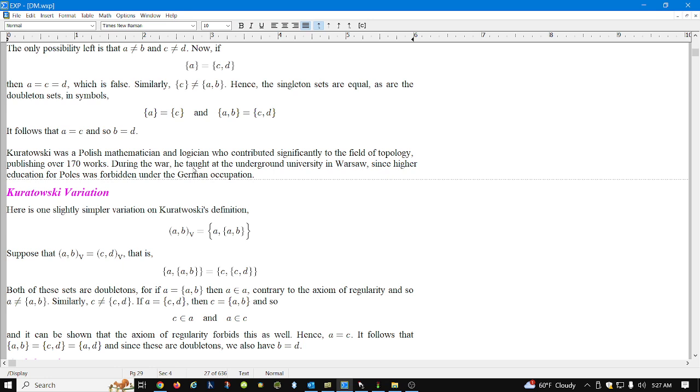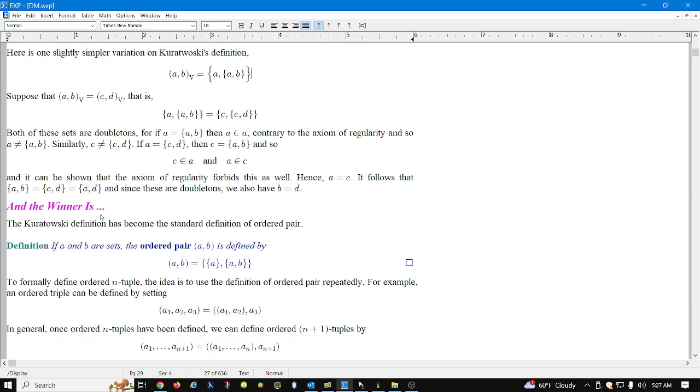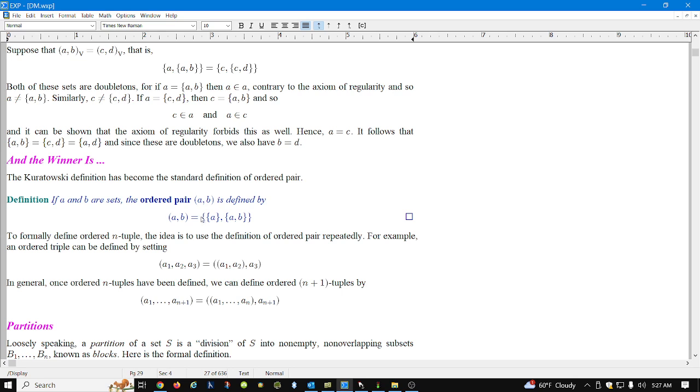So the winner. One of these suggestions has won out and is now the common definition of ordered pair. I resisted saying, and now the Wiener, and now the winner. It's Kuratowski's definition, which looks to me, based on what we've just discussed, to be the simplest and easiest to remember.